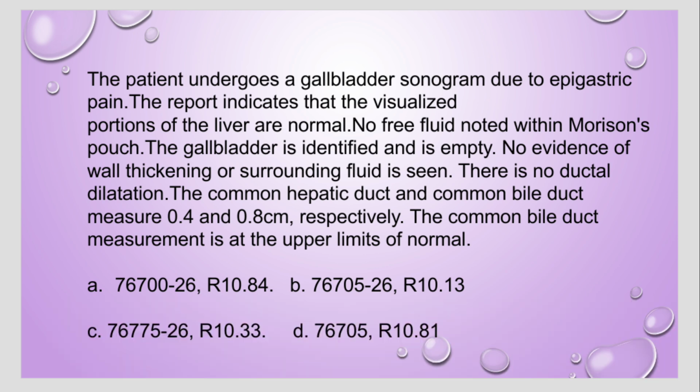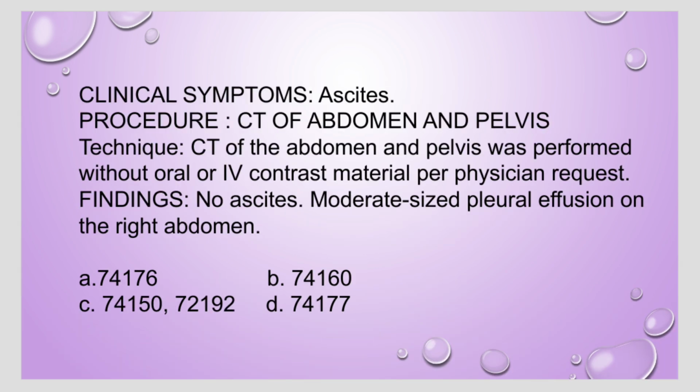Next question, clinical symptoms ascites, CT of the abdomen and pelvis. Technique, CT of the abdomen and pelvis was performed without oral or IV contrast material per physician request. Findings, no ascites, moderate sized pleural effusion on the right abdomen. So let's check the options.